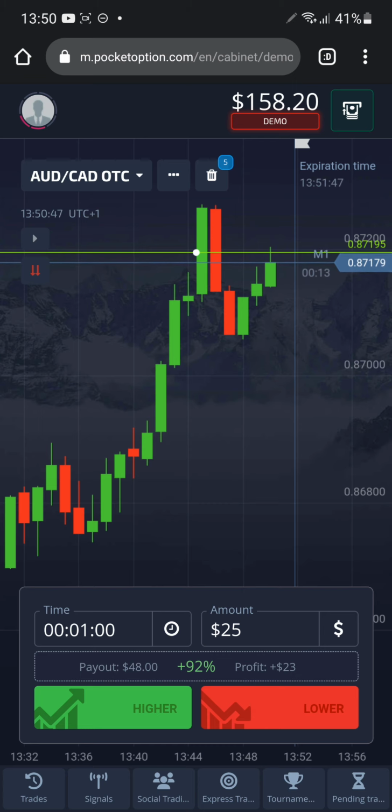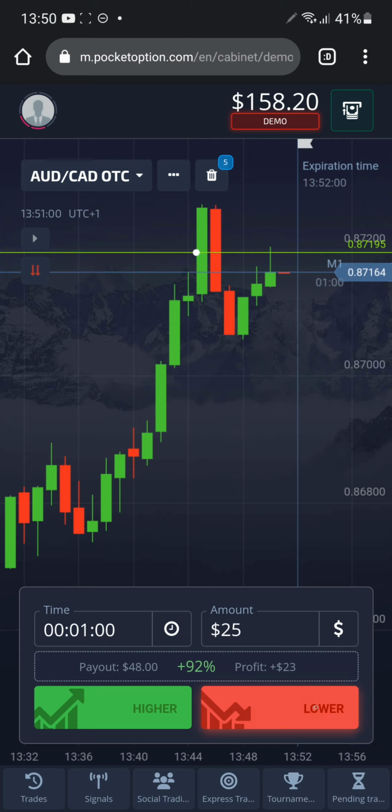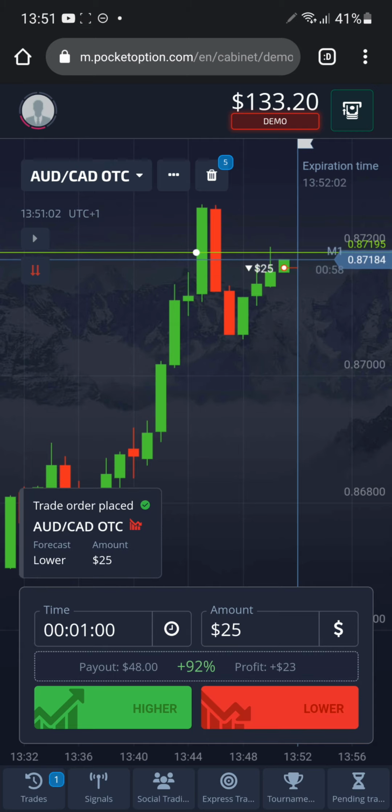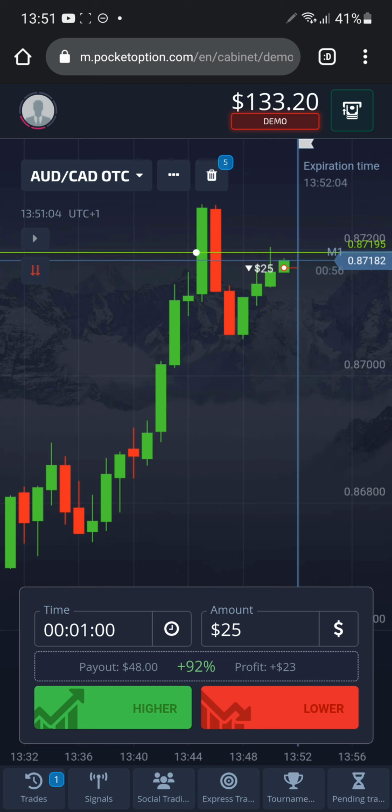If the market is above your entry, you're in loss. Okay, let's just do one more example with this red button. I think there might be a red candle after this candlestick. So let's enter for 1 minute here. We might be wrong, we might be right, but let's just see how it goes. Normally my best entry would have been around here, but let's just see how it goes.